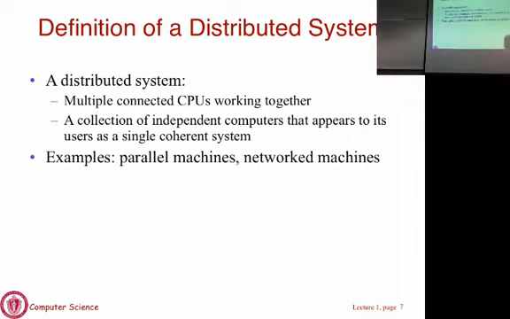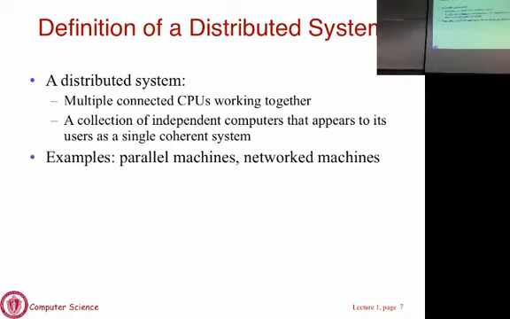Laptops are multi-core, servers are multi-core. So those are simple examples of parallel systems where there are multiple CPUs. They're connected together, the interconnect is the system bus, and the CPUs can communicate over the system bus. That's an example of a parallel system, and the definition is broad enough to encompass that.